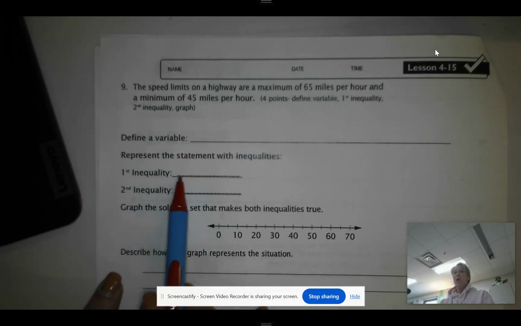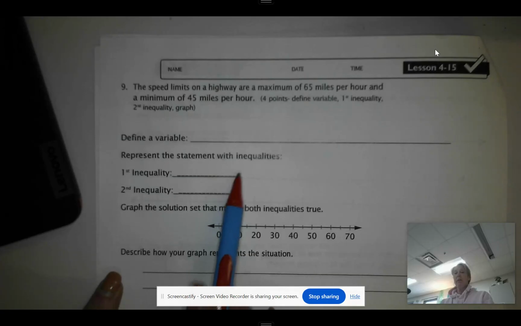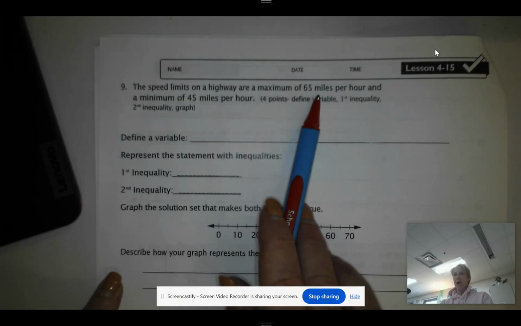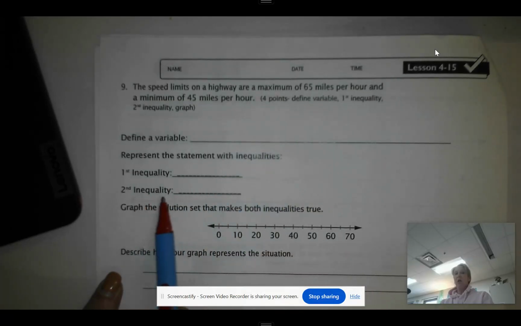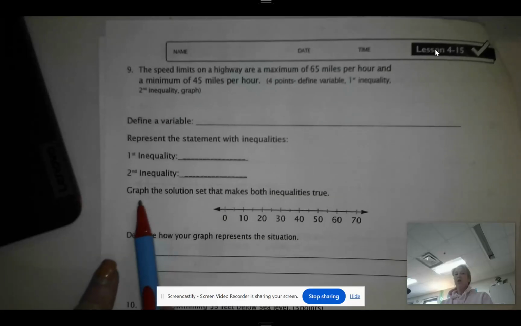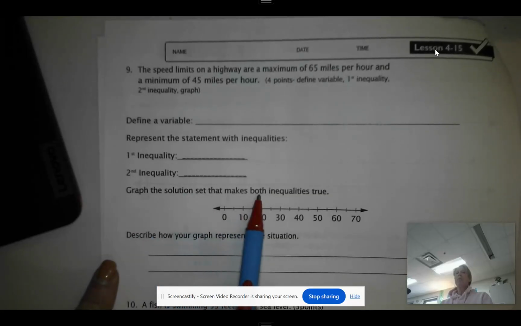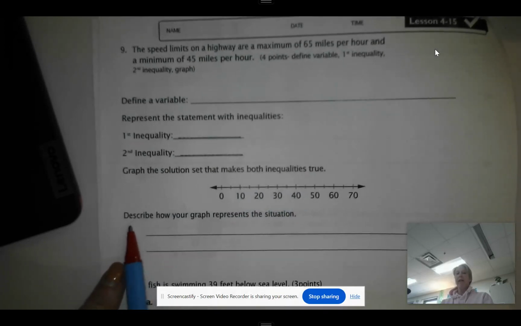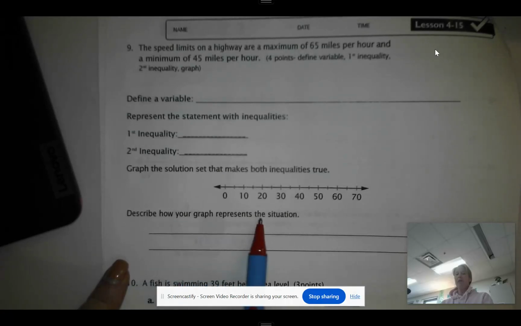You're going to write the inequality that represents the first situation of a maximum of 65 miles per hour, and the second inequality, which is a minimum of 45 miles per hour. Then you're going to graph the solution set that makes both inequalities true. And finally, you'll describe how your graph represents the situation. Pause this video while you complete all of 9.